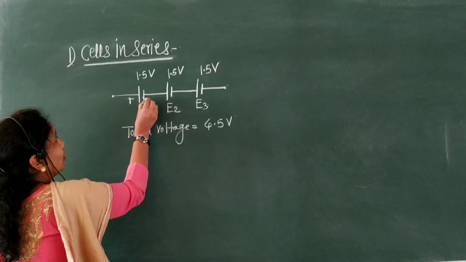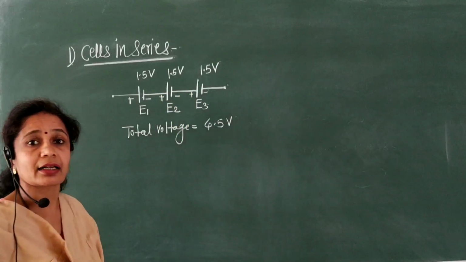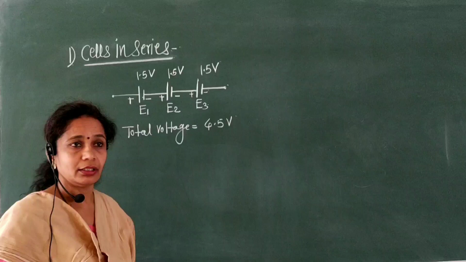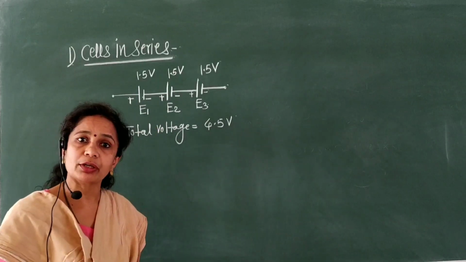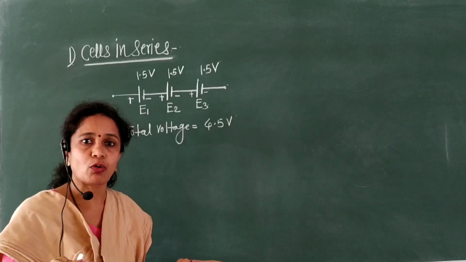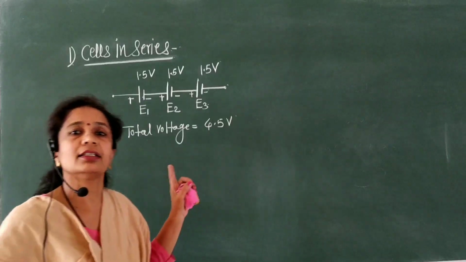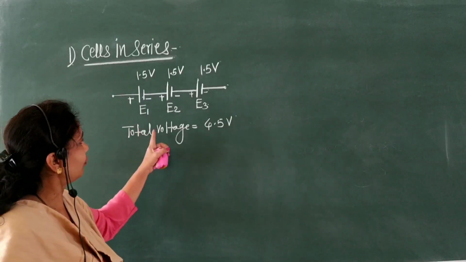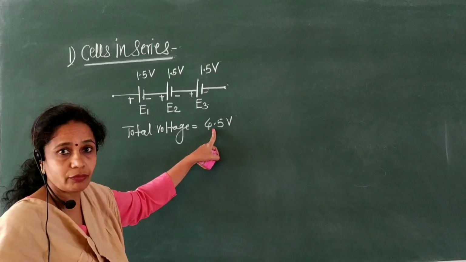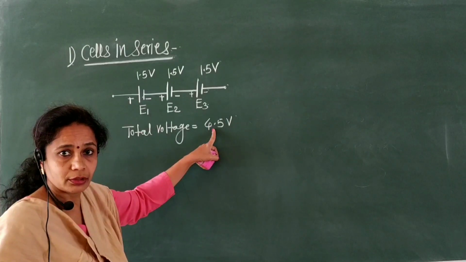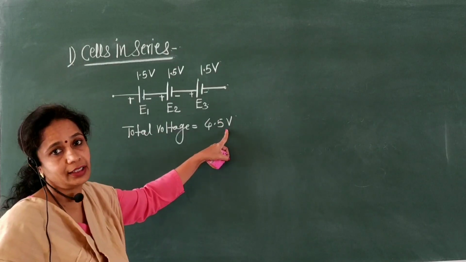Therefore, when a number of cells are connected one after another, meaning the positive terminal of the first cell is connected to the negative terminal of the second cell, and so on, this combination is called cells in series. And therefore, the total voltage becomes the sum of the individual voltages which are connected in series.